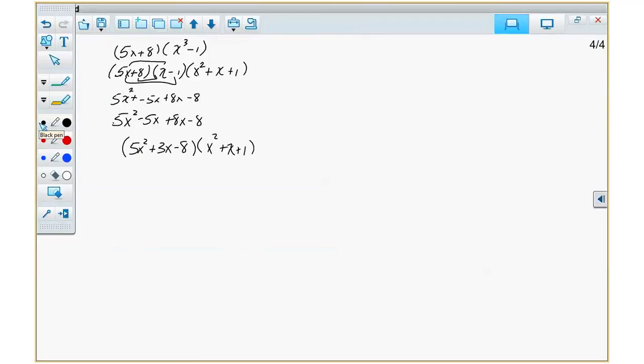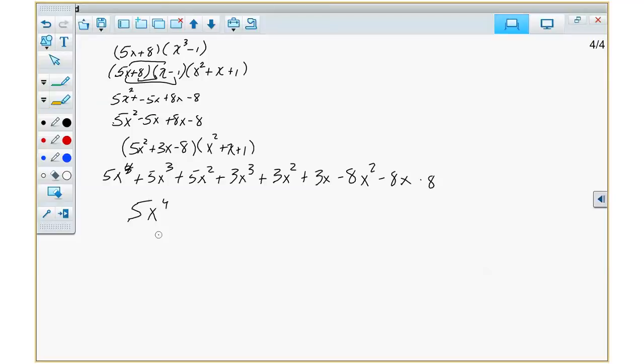That's my problem. I write too big. All right. So 5x cubed plus 5x, I'm sorry, to the 4th. 5x cubed plus 5x squared plus 3x cubed plus 3x squared plus 3x, y'all help me out, I'm doing this in my head, 8x squared minus 8x minus 8. 5x to the fourth plus 8x cubed, wait a minute, 8x squared.